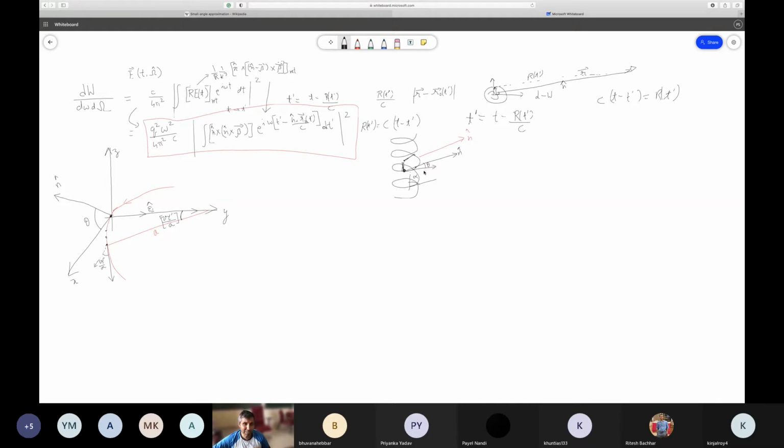So my claim is that without loss of generality, if you're given an n hat, the radiation will be dominated by particles which are at a particular phase in their rotation, where n hat is in the plane perpendicular to the direction of acceleration. So the viewing angle n hat is perpendicular to the direction of acceleration, but your theta is not zero.